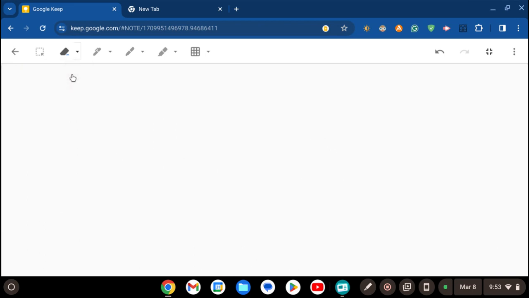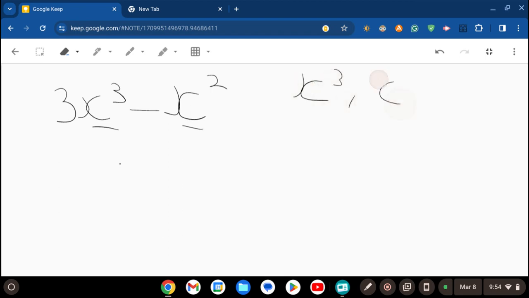Now let us go to another one. Let's say, for example, you had 3x cubed minus x squared. What should be common is x, as x is common to both. So what we would do is first list the factors of x cubed and x squared.